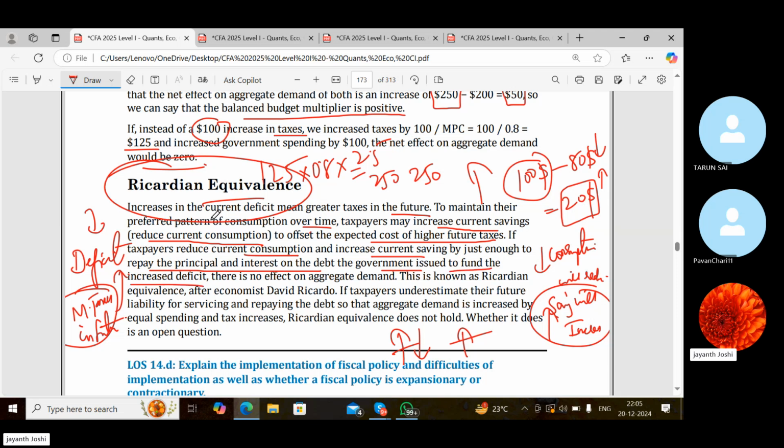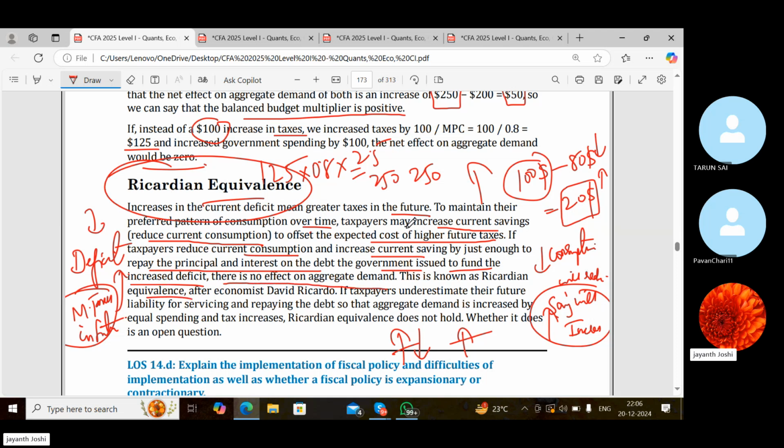Of course, if the government has a deficit, it will borrow and put the burden on the people. So taxpayers reduce consumption and increase savings so that the government can recover the repayments in the form of higher taxes. This is known as Ricardian equivalence.